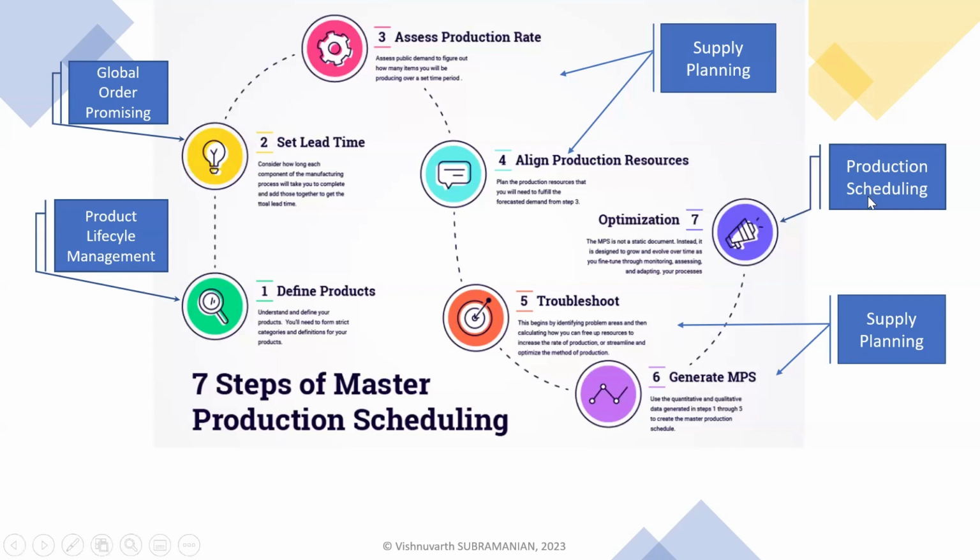That level of detail you will see in Production Scheduling Cloud. In MPS, it'll be a little bit more high level. It'll be a weekly bucket or a monthly bucket. You will have a high level view of what product you're going to build. In Production Scheduling Cloud, you will have a production schedule which gives you the daily picture of what needs to be produced. Okay. Hope this helps. Thanks for watching.